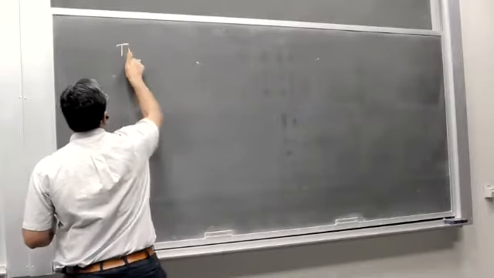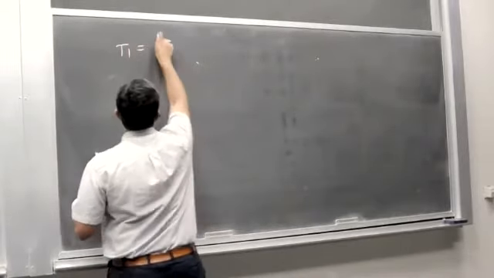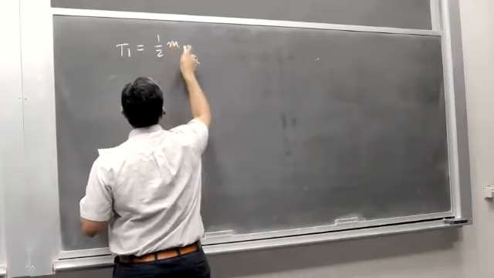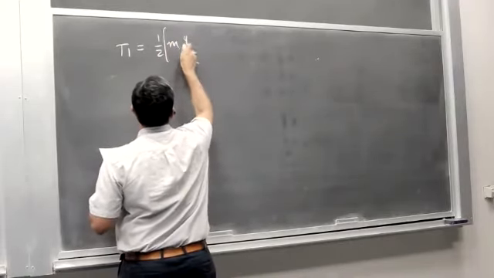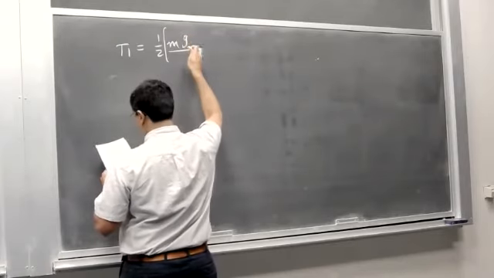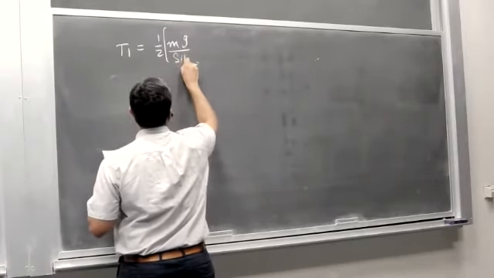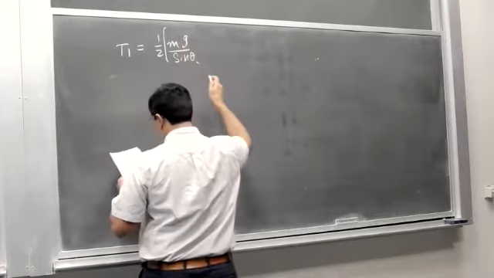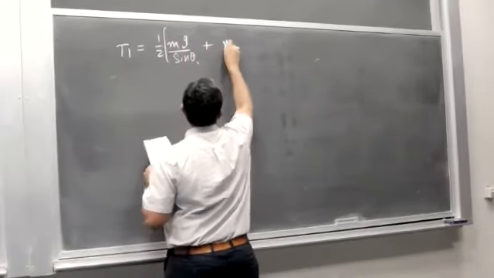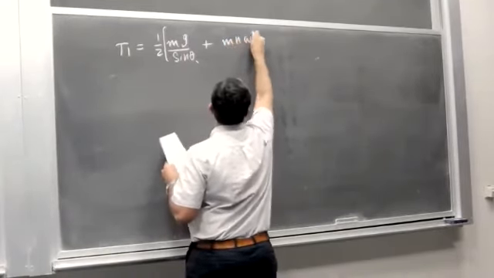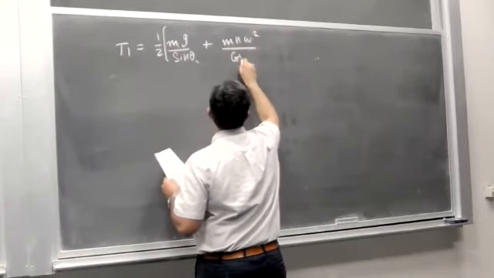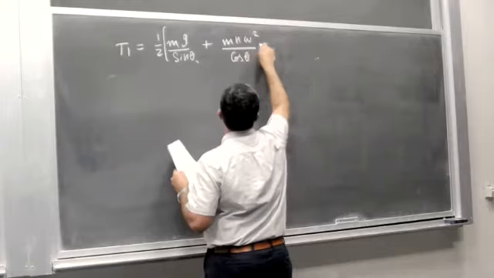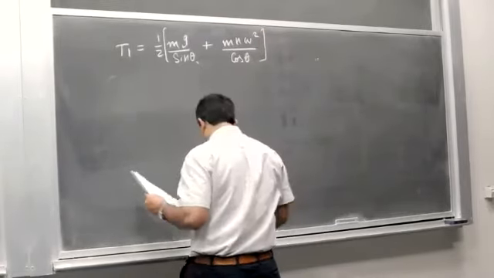And write directly the expression. So you'll get T1 equals half of mg over sine theta plus mr omega squared over cosine theta, right?